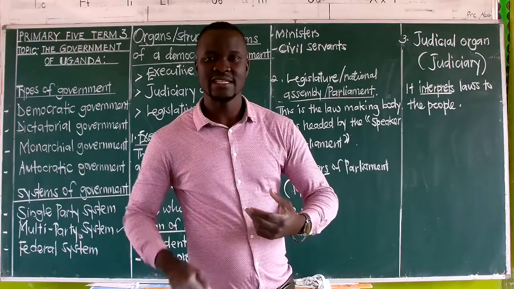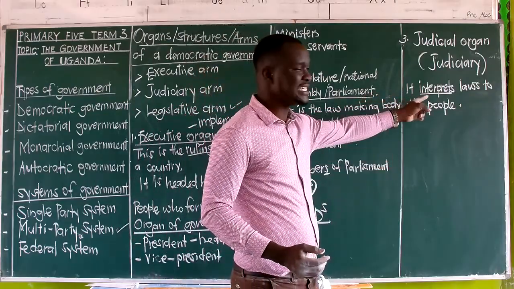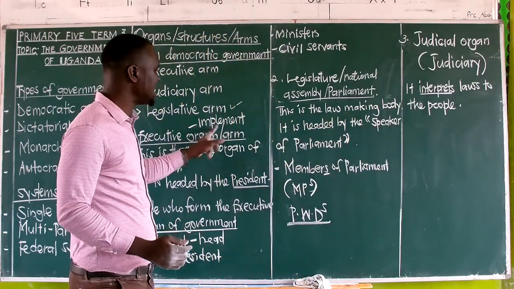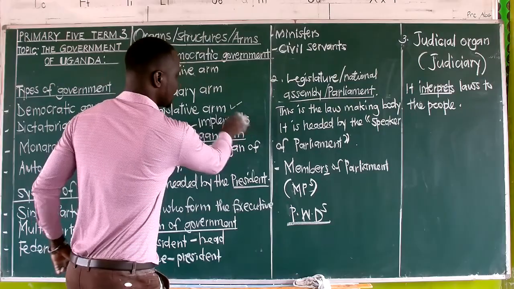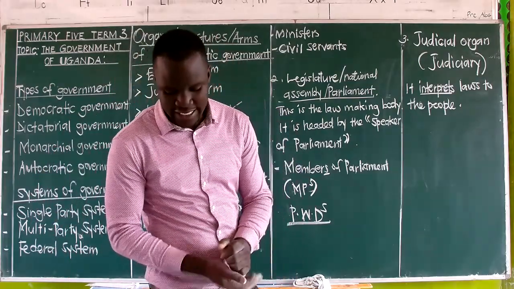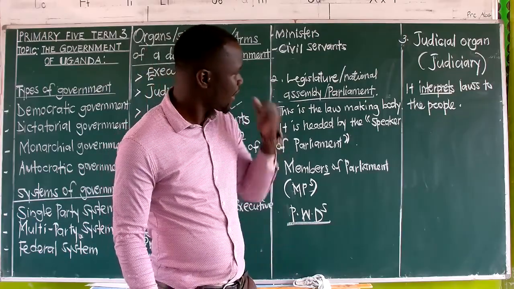How? The parliament sets the laws which the judiciary interprets, which the executive organ implements. Those are other things we need to note. It is headed by the Chief Justice.